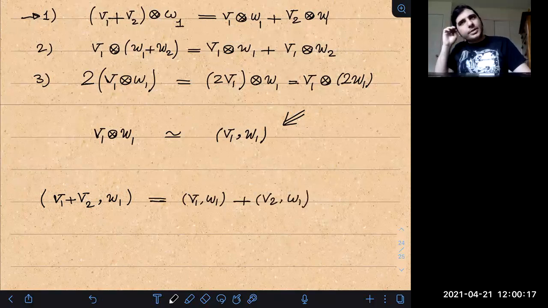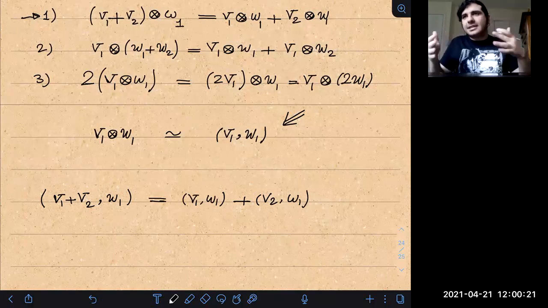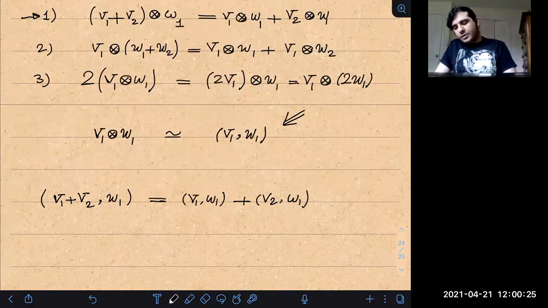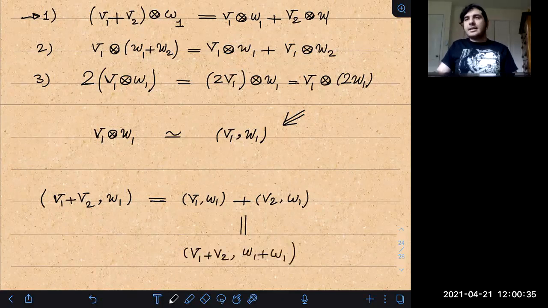Right? And that would be slightly confusing, because that's the difference with ordinary product, because in ordinary product you might say this is equal to V1 plus V2 and W1 plus W1, which is 2W1. But that's not the case. When we are working with tensor product, that is not true.